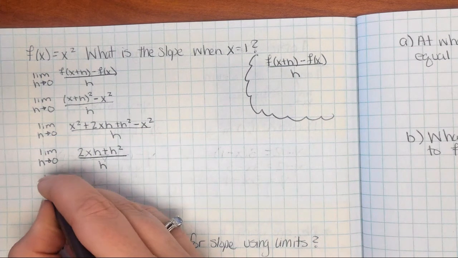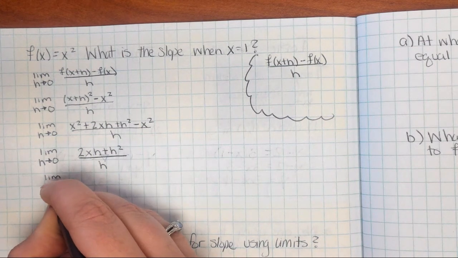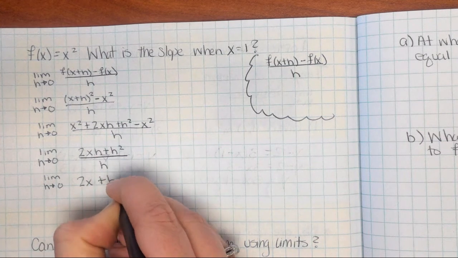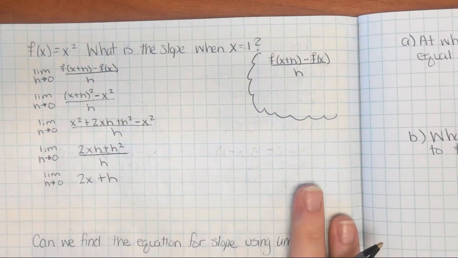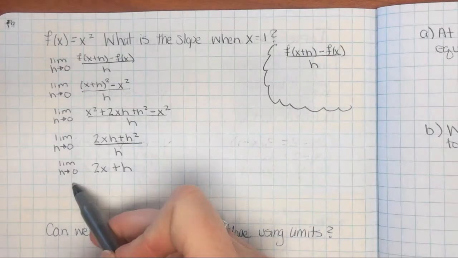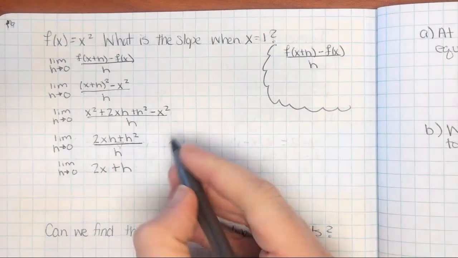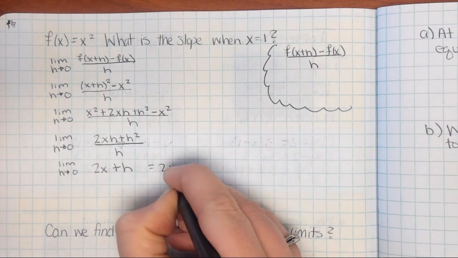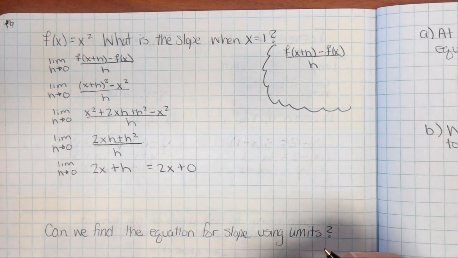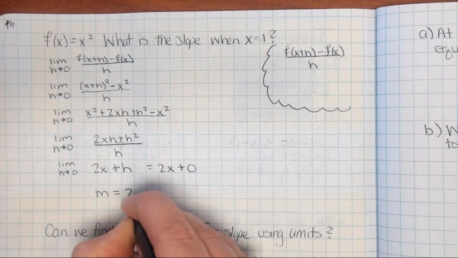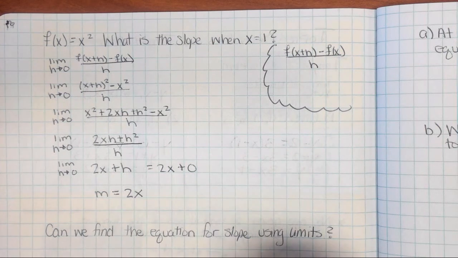Now it's the limit as h approaches 0 of 2x plus h. Right now we don't quite understand what we're doing, so I'm going to plug in 0 for h, and I get 2x plus 0. Therefore, my slope is equal to 2x.